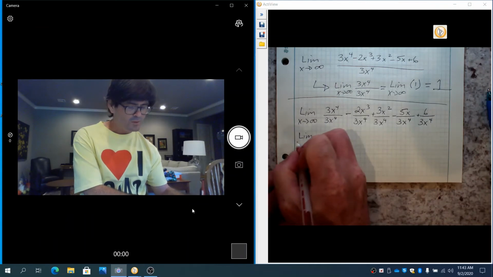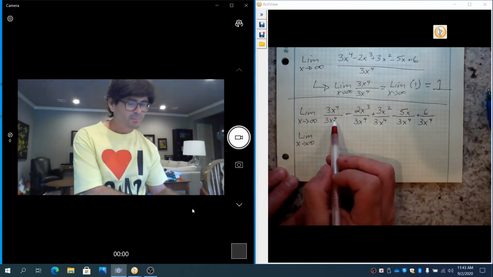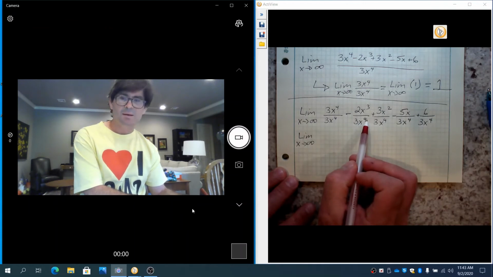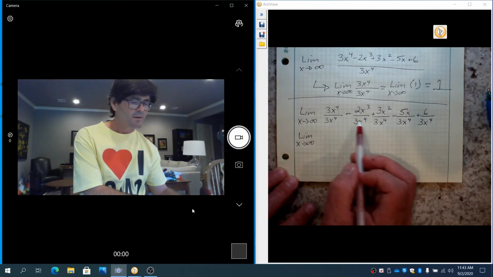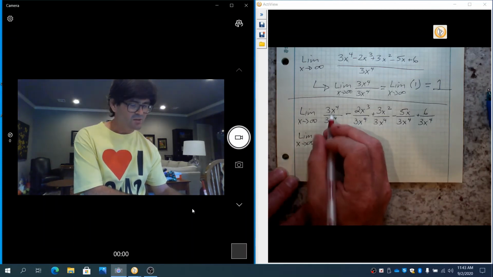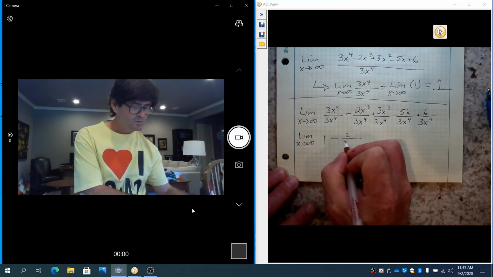But all you really need to know is as x goes to infinity, if the power on the bottom is bigger than the power on top, this is ultimately going to go to 0, because the larger power on the bottom means that the denominator will overwhelm the numerator and make the bottom so large that this term basically ends up going to 0. But we don't have to do that yet. This is 1, minus 2 over 3x squared.